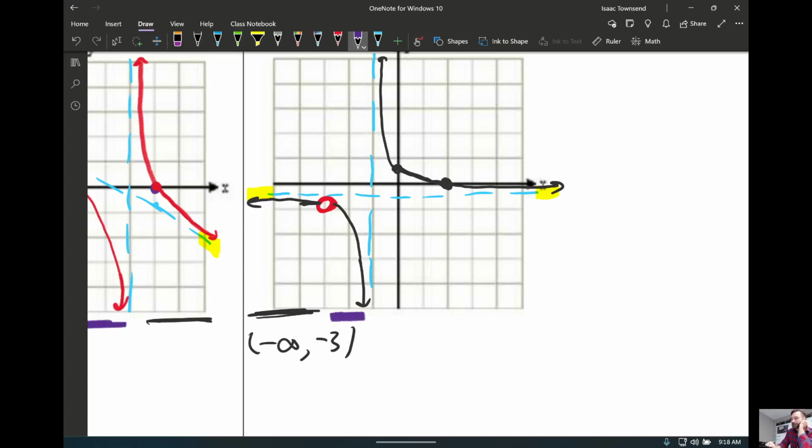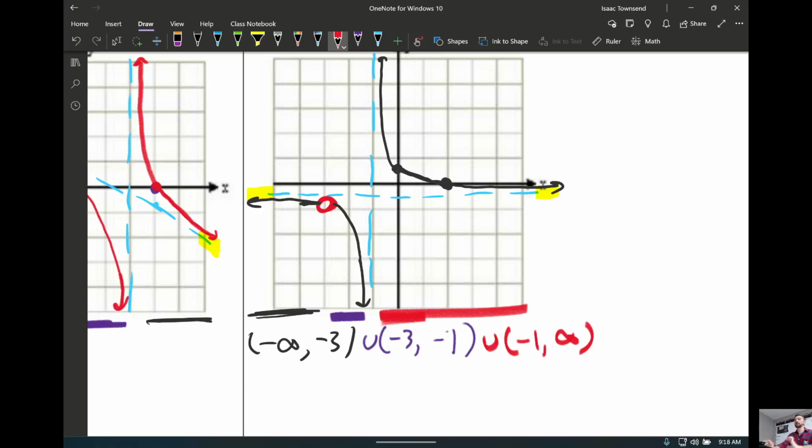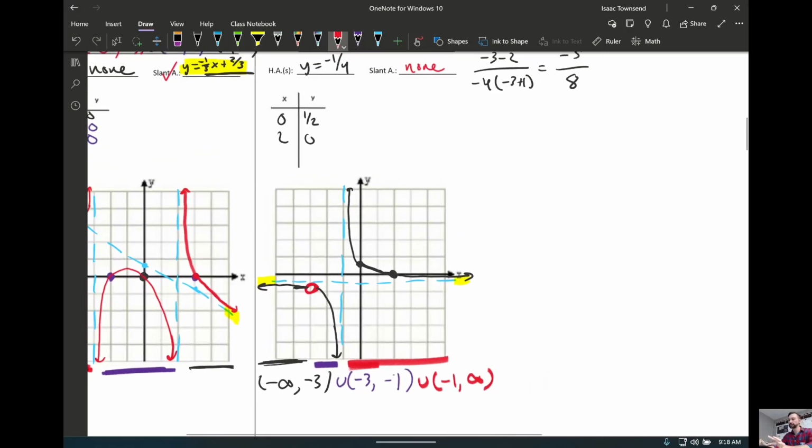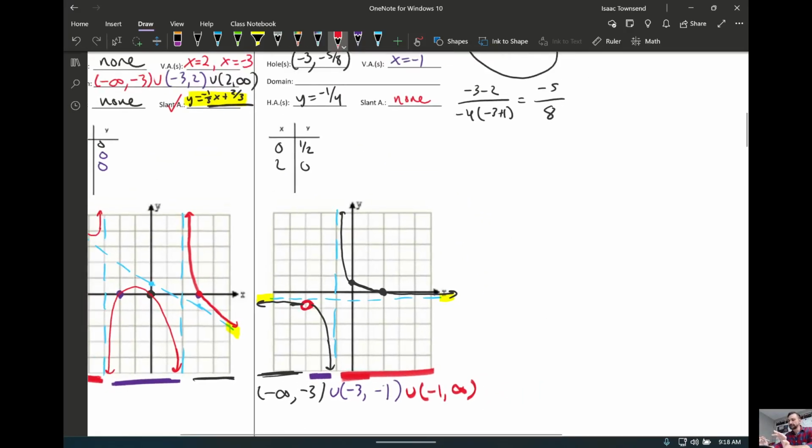Then it hits a few more from -3 to -1. Then it hits everything from -1 forever to the right. So that would be the domain. And I'll copy that up here.